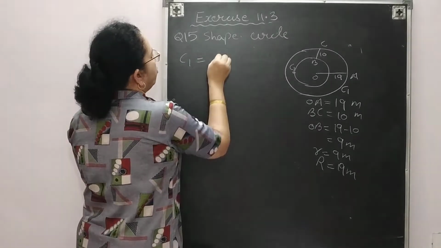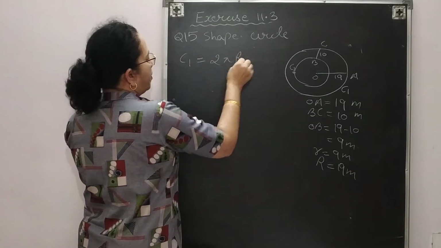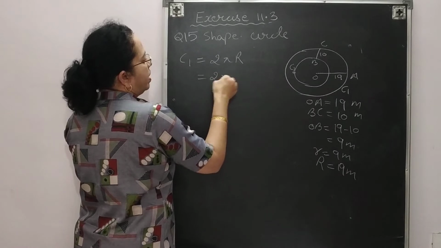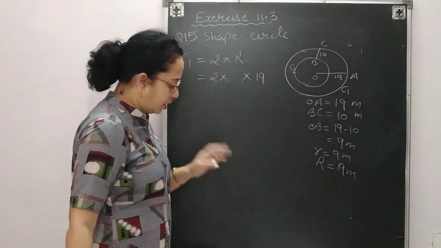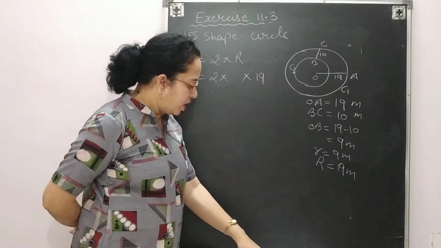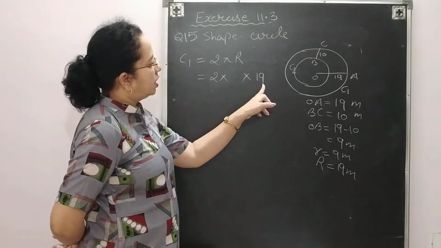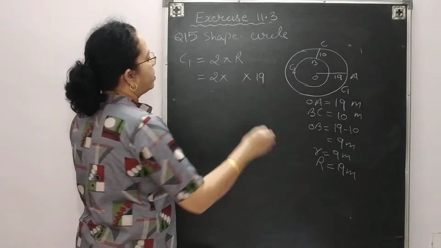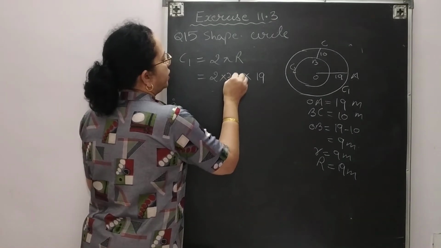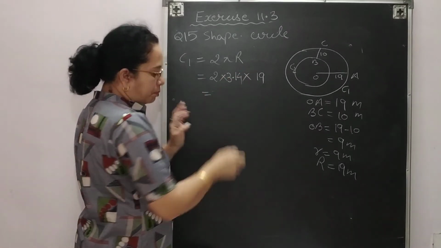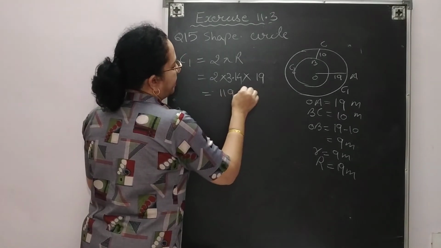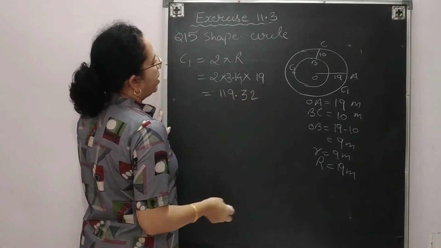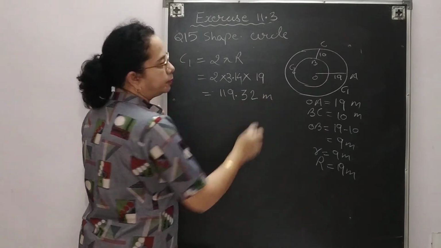So for the outer circle it will be 2 pi R. So 2, value of pi, and R is given as 19. Okay. So can we cut the numbers? The number is not divisible by 7. So the value of pi will be 3.14. Multiply all the three numbers, your answer will be 119.32 and your unit will be meter.